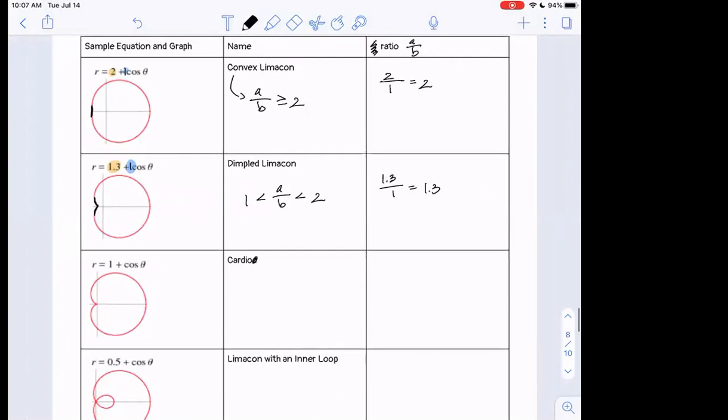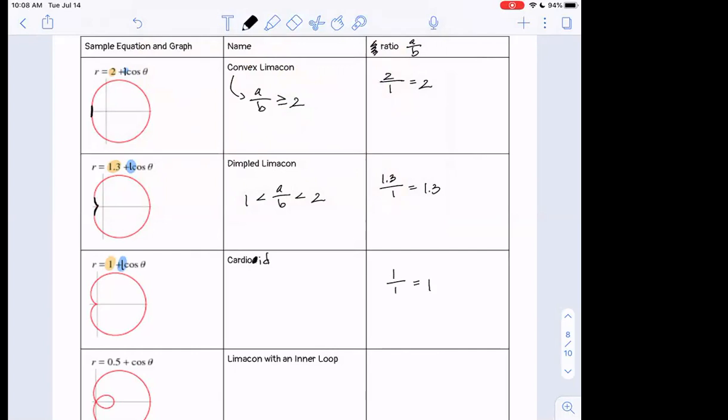All right, I also realized I spelled cardioid wrong in everything. It should have an I at the end, I-D. So you get a cardioid when your b value, in this case 1, and your a value, which is also 1, happen to be the same number. So our a value is 1, our b value is 1, and we get a ratio of 1.